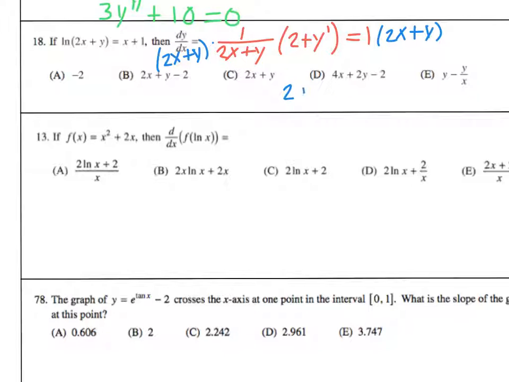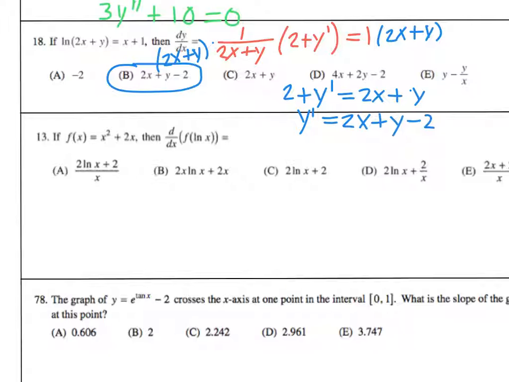So that would give me 2 plus y prime is equal to 2x plus y, and y prime is equal to 2x plus y minus 2, which happens to be B. I feel like I've done that problem before. I wonder if that was on a previous review and I just didn't realize it.